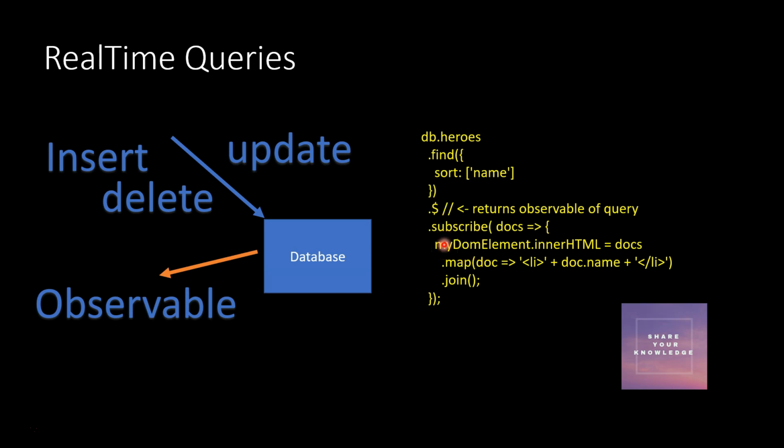Once you subscribe to it, every time the return of this query changes, in this case the content of the heroes table, it will be triggered as an event to you. So this will be called. An event will be triggered by the RxDB database whenever an insert, update or delete happens to the database.